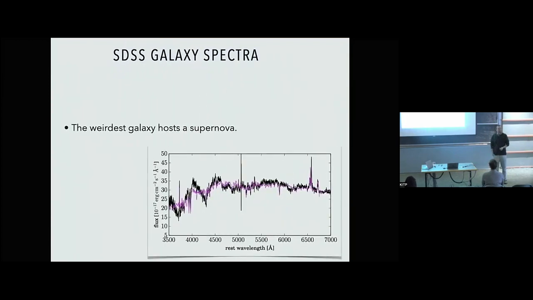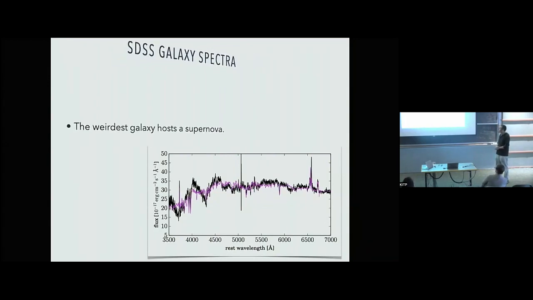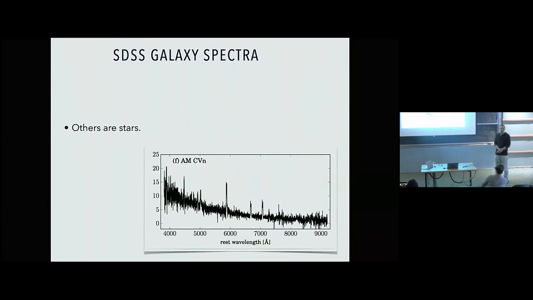The weirdest was nice to me because I'm kind of filled with supernovae, but the one at the top, which doesn't mean a lot, still fun, was the host of a supernova. It makes sense. Supernovae have very broad lines. They change significantly the shape of a spectrum, so it's not super surprising. We found stars. This is an AM CVn. It's a rare type of star, but it was in the Sloan catalog as a galaxy.